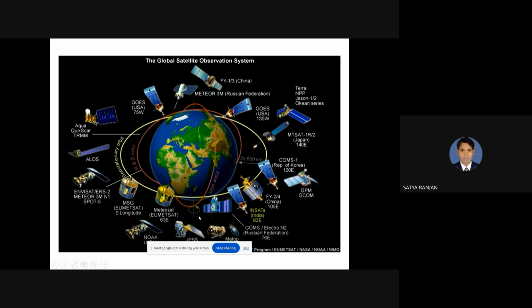In Earth observation we discuss only polar orbits, which are low Earth orbits and are useful for the geographical features of different areas.